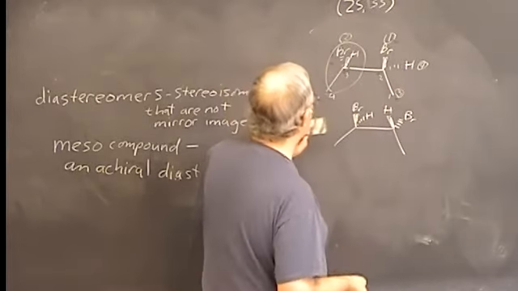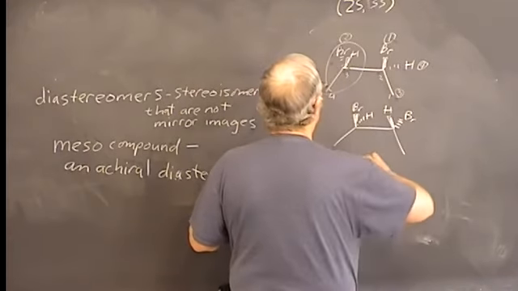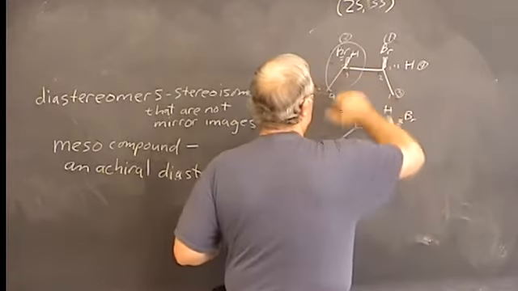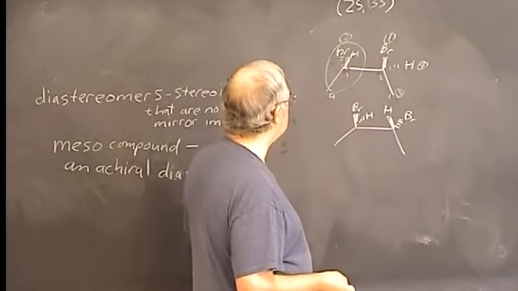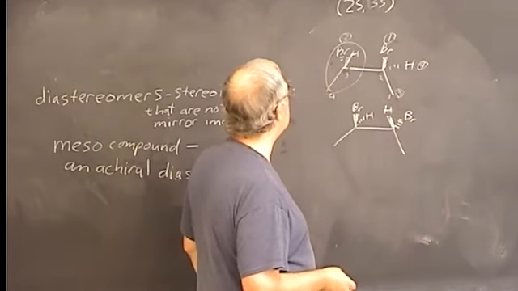I can also do a rotation, where I would bring hydrogen back, and that would switch the bromine and the methyl the way I've got it.